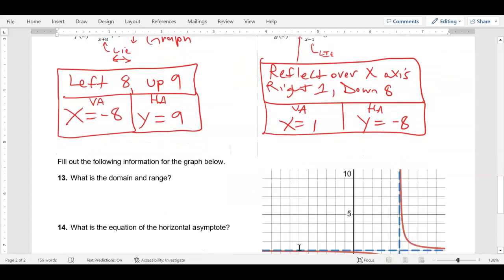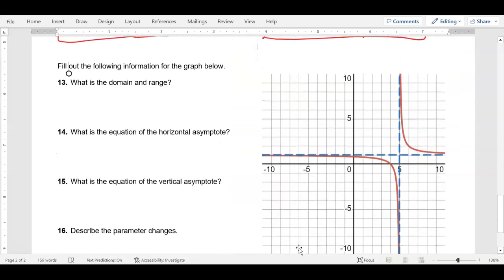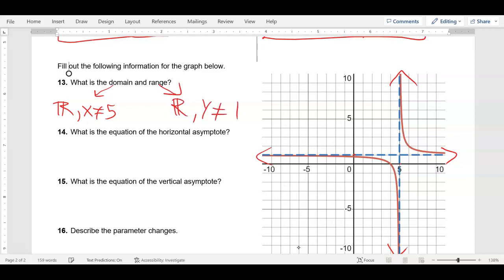Cool. And then down here, the domain and range. So notice the domain goes forever left, forever right, except it does not touch 5, right? So the domain is all real numbers except x does not equal that 5. And range goes down forever, up forever, except it does not touch right here on this line at positive 1. So the range is all real numbers, but y is not equal to 1.